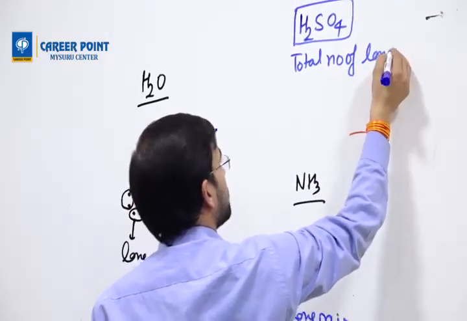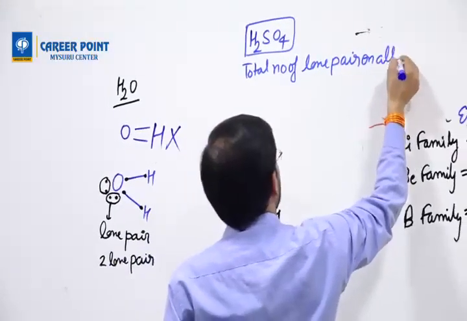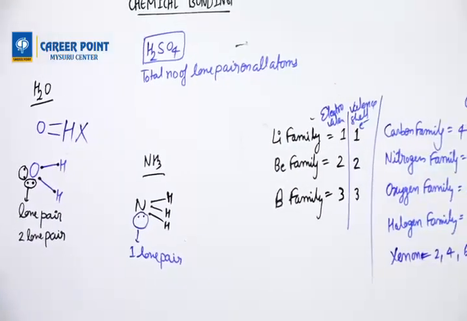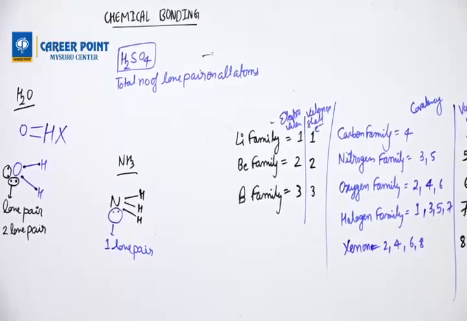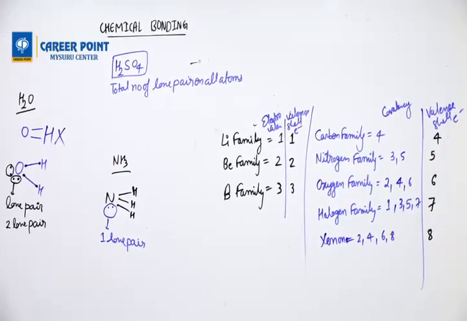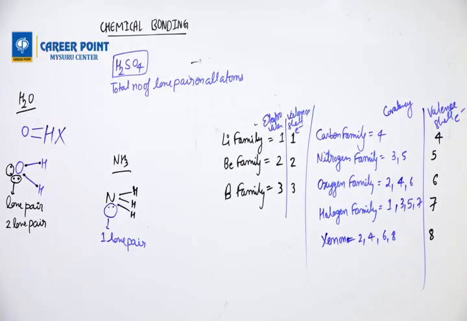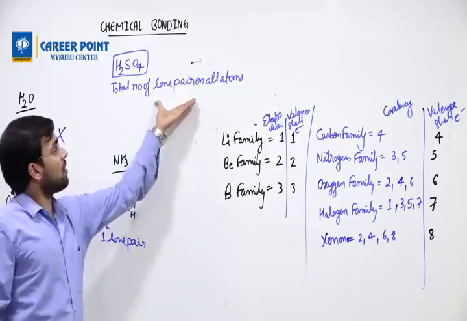total number of lone pair. So do it for H2SO4, total number of lone pair on all atoms.